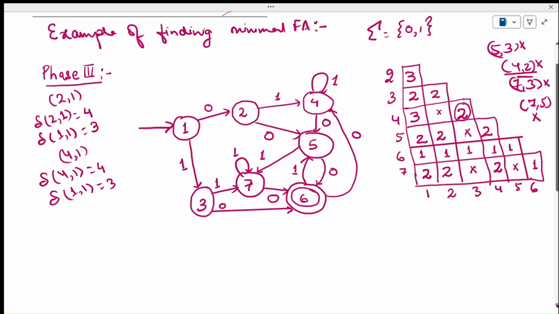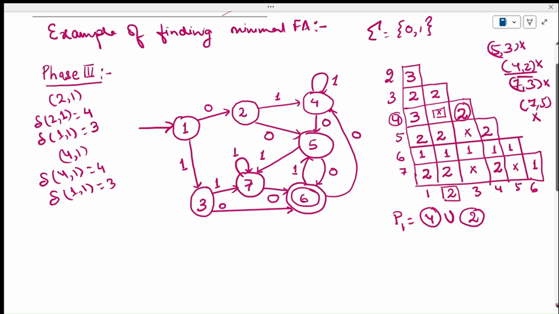See this 2 on 2, vertically there is one cell which is unmarked. What is the number? This is 4. So 4 and 2 are going to be merged into one cell. I'll call it P1. The states 4 and 2 are merged into one and we are calling it P1.